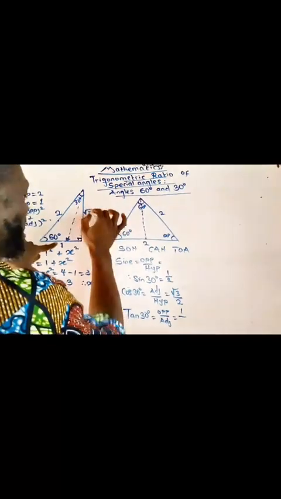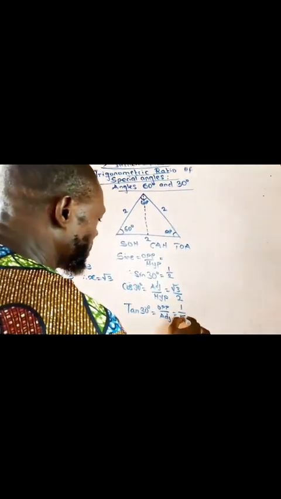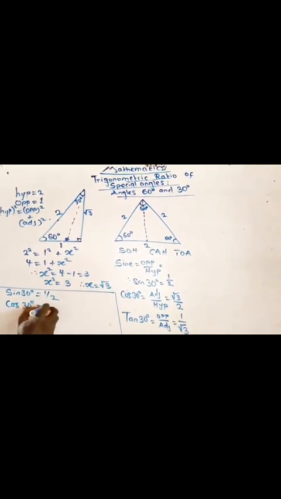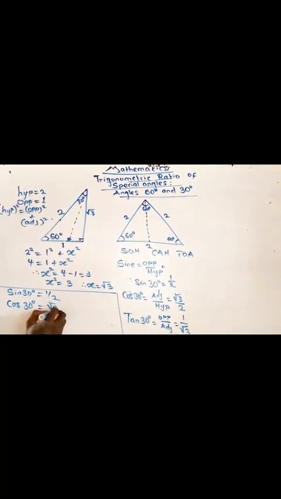Then the adjacent is root 3. Let us summarize what we have learned so far. Sine 30 degree is equal to 1 over 2. Our cos 30 degree is equal to root 3 over 2. Our tan 30 degree is equal to 1 over root 3.